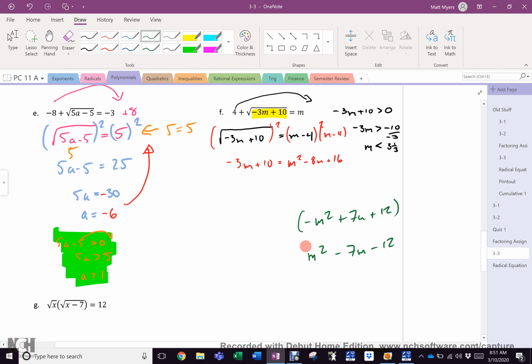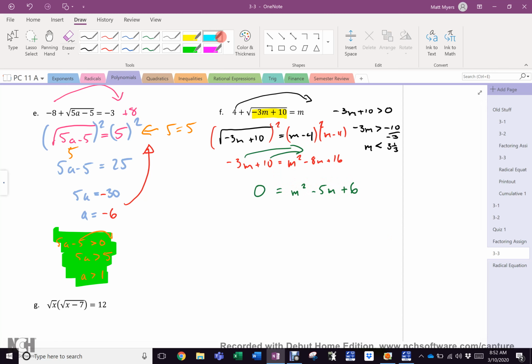Which one is easier to factor? The bottom one. So, like I was saying when we were doing our GCF, you want to keep this term positive because it makes it easier later on. So we're going to move everything over here. What is the right side of my equation going to look like? m squared minus 5m plus 6 equals 0.